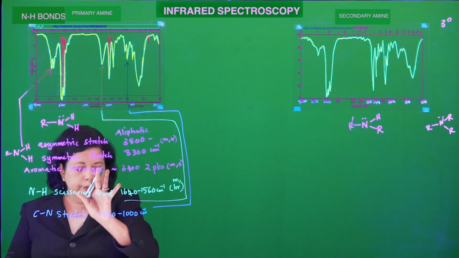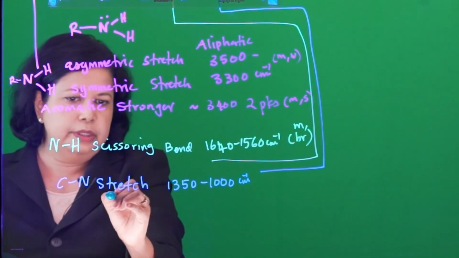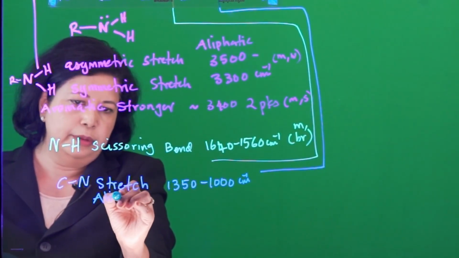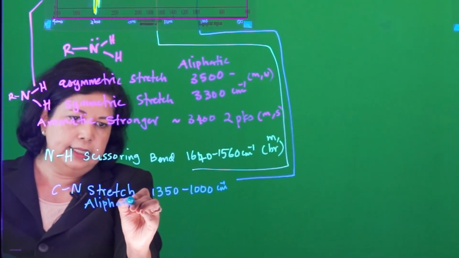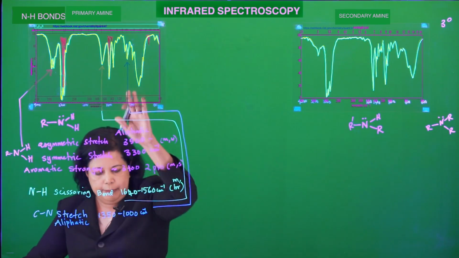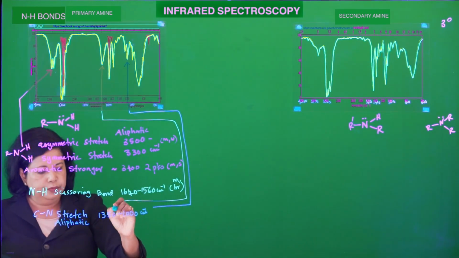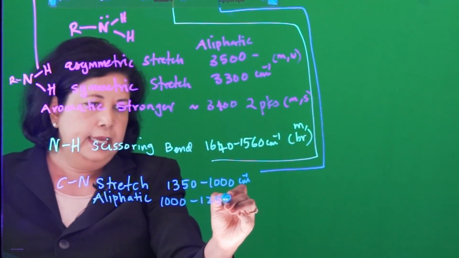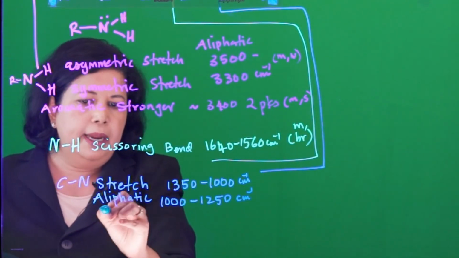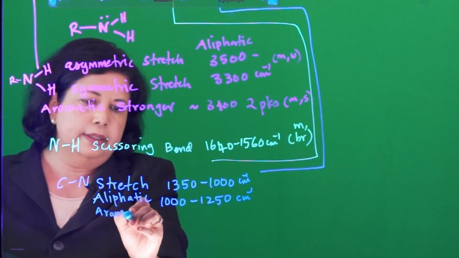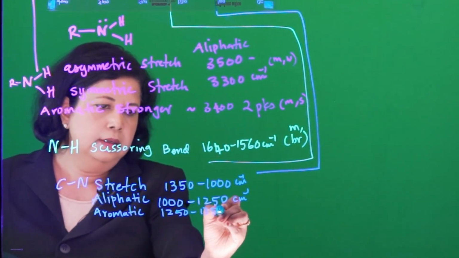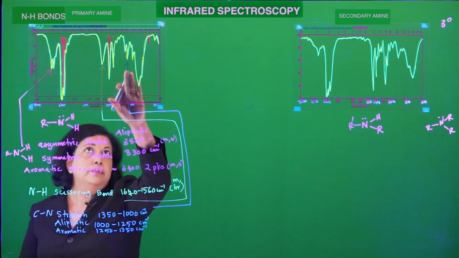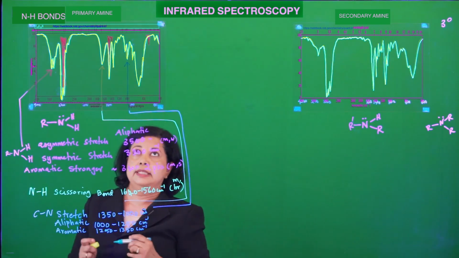Sorry, we have to go all the way around. So this is also different for aliphatic and aromatic. Aliphatic CN stretch would be about 1000 to 1250, and the aromatic is going to be a little higher than that, 1250 to 1350. So that's one of the other ways that we know that this is an amine.